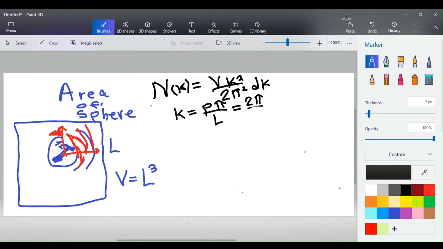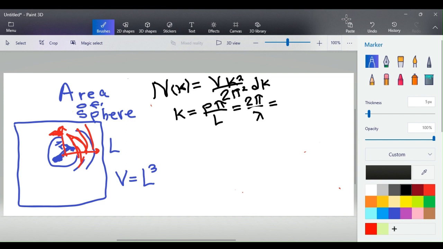Let's put this. Here, this is lambda. That's a very good lambda. Let's go to the equal sign here. And what else is it equal to?